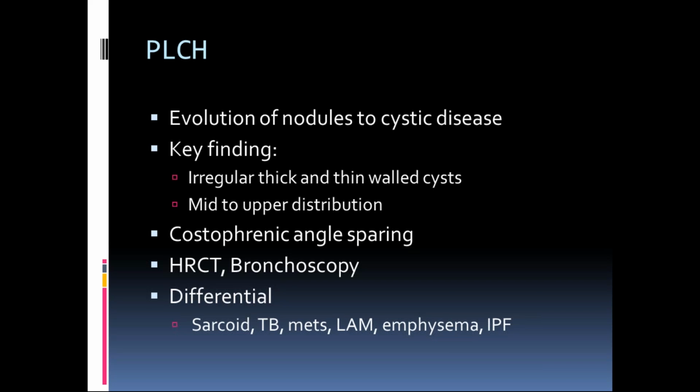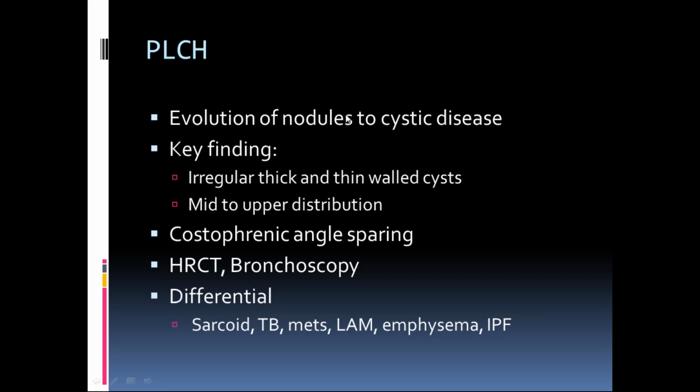The evolution of pulmonary Langerhans cell histiocytosis is that it's nodular disease first, okay? When I was studying for boards, they always asked whether it's histiocytosis or LAM with nodules, and I had to memorize it because I wasn't understanding the pathology. But if you understand the pathology, you have a much easier time remembering. So it's an evolution of nodules.